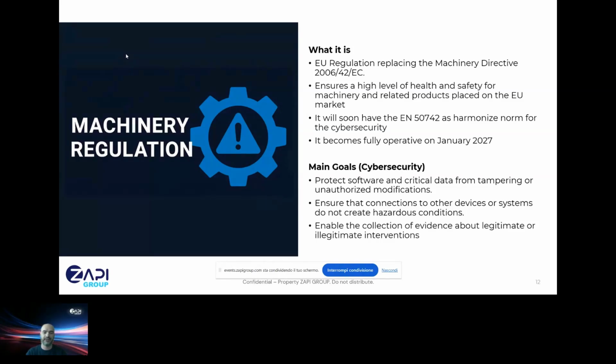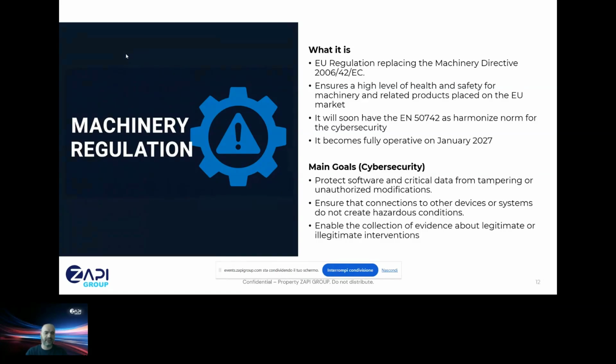In particular, the requirements are intended to avoid that manipulation of software devices can affect the safety of the operator. Furthermore, a cybersecurity logbook is introduced on the machine just to keep evidence of illegitimate intervention.